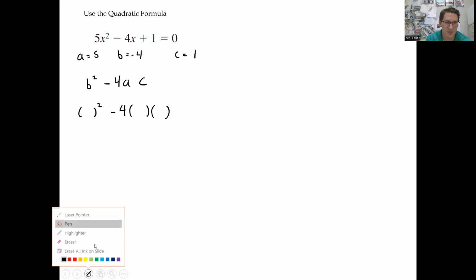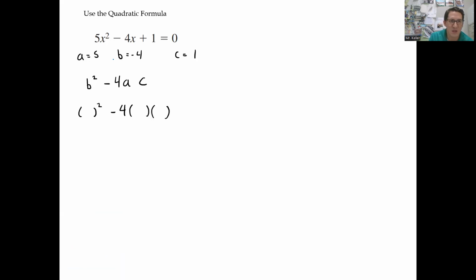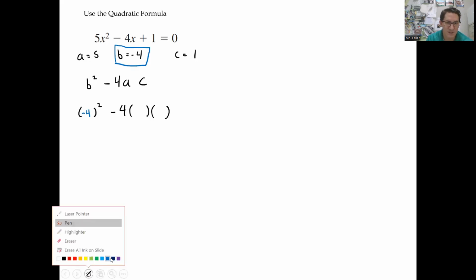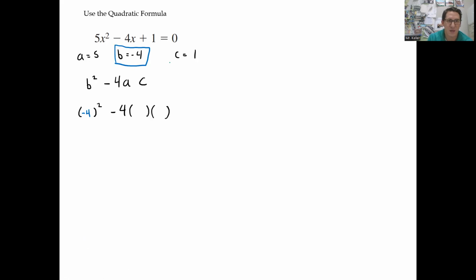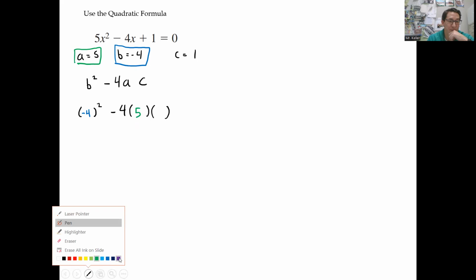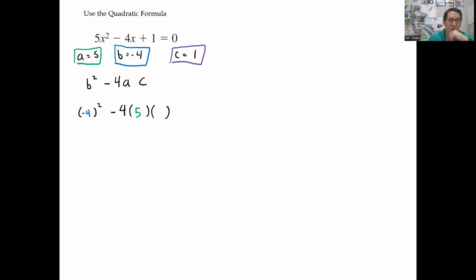Let me color code these things here. So b is -4. That's going to go in here, -4. a is 5, so that goes here. And then c is 1. Use that one in purple. So that goes here.